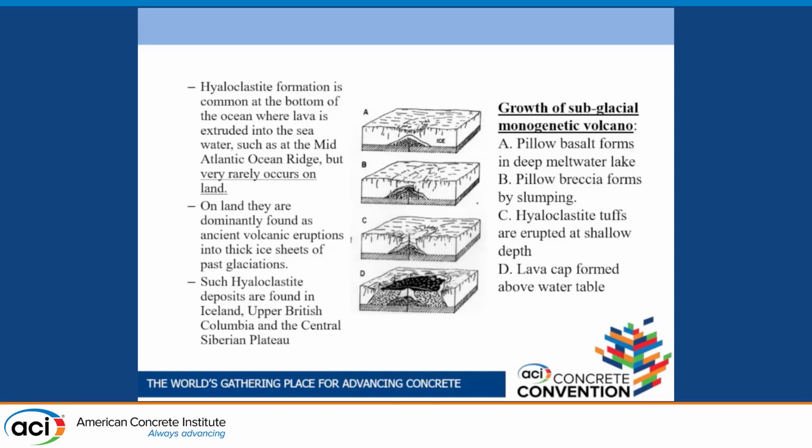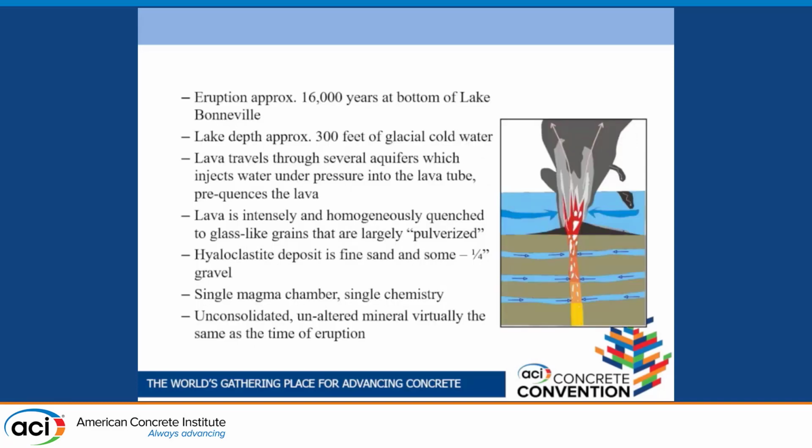Eruptions under the bottom of the ice shield would melt the ice, creating a pool of water, and in that pool there are different layers of size of lava, from pillows to breccia and hyaloclastite. Depending on the size of these formations and the volume of the eruption, certain parts of a formation like this would be suitable for what we're talking about here.